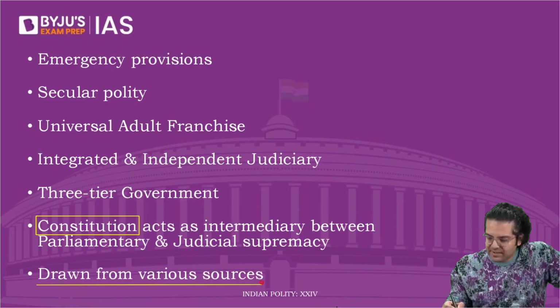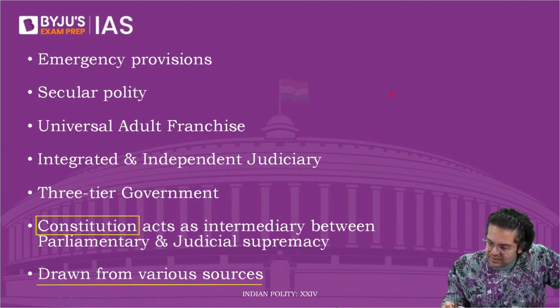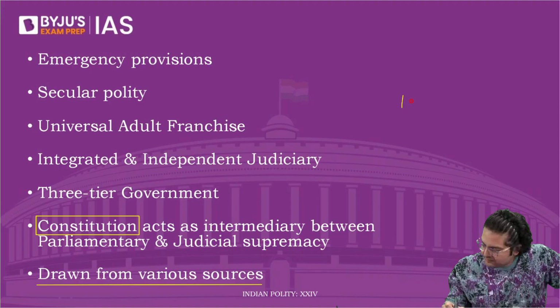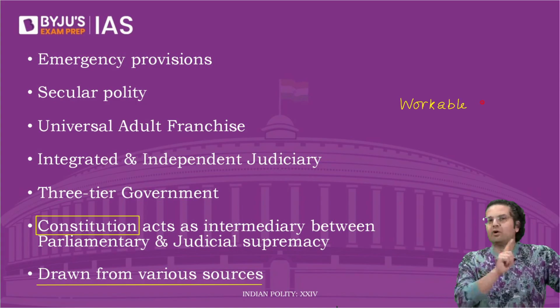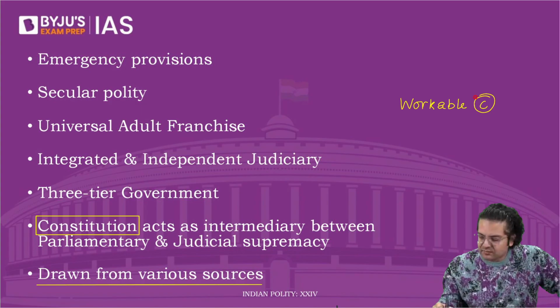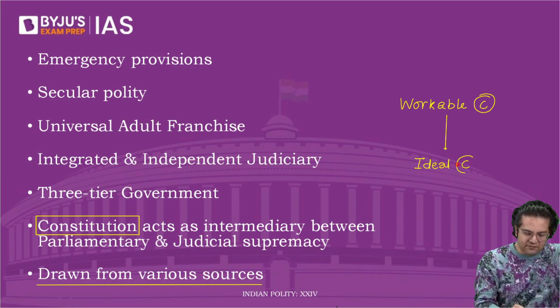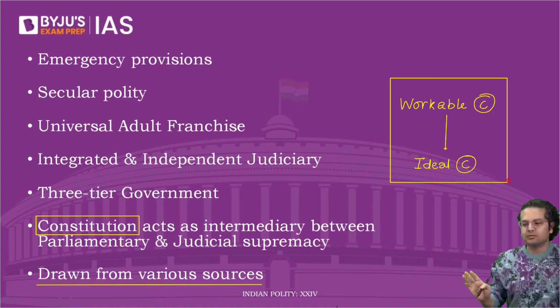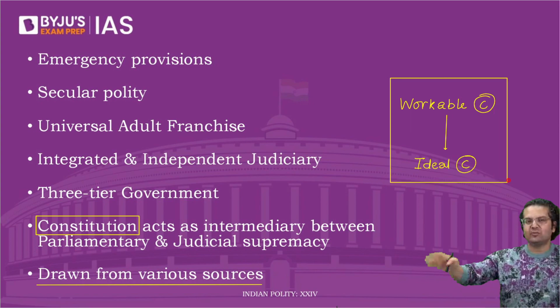Ambedkar responded and said that, see, in the given time frame, we have given to the people of the country a workable constitution. It is now for the coming generations to make it an ideal constitution. So the journey from a rule book which works properly to an ideal rule book, that's the journey the coming generations will traverse on their own.